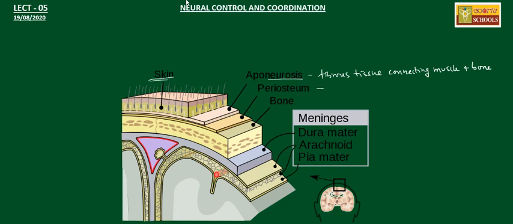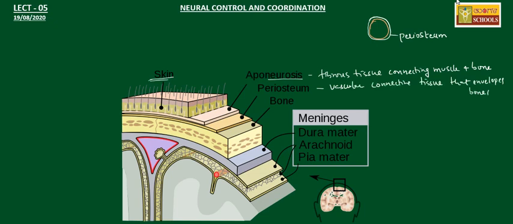Each bone will be covered on its outer side by this periosteum. If you take a transverse section of a femur bone, you may see a tissue that covers it on the outer side. This is the periosteum. It's a vascular connective tissue. The joints will not have this periosteum.